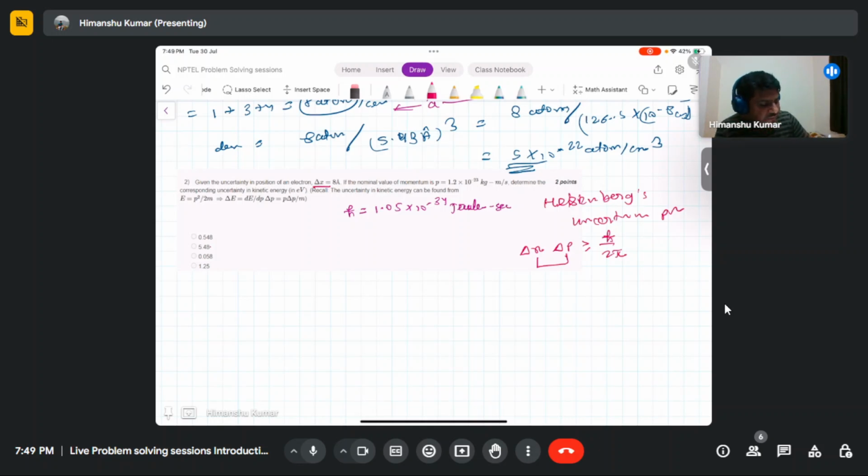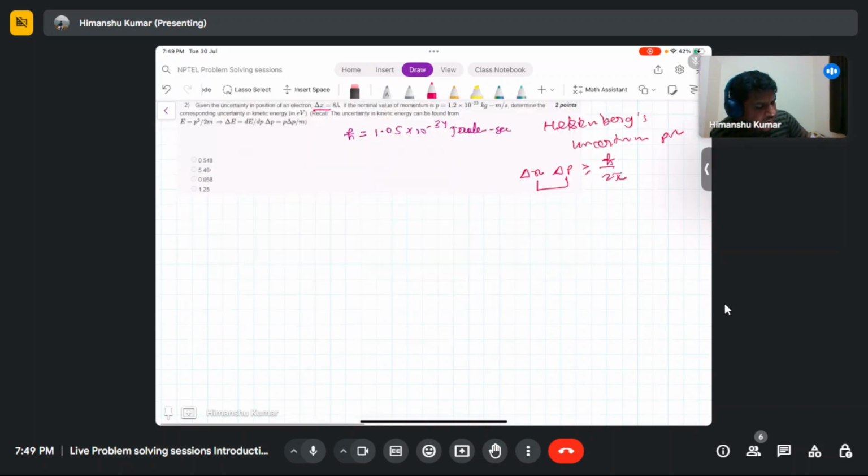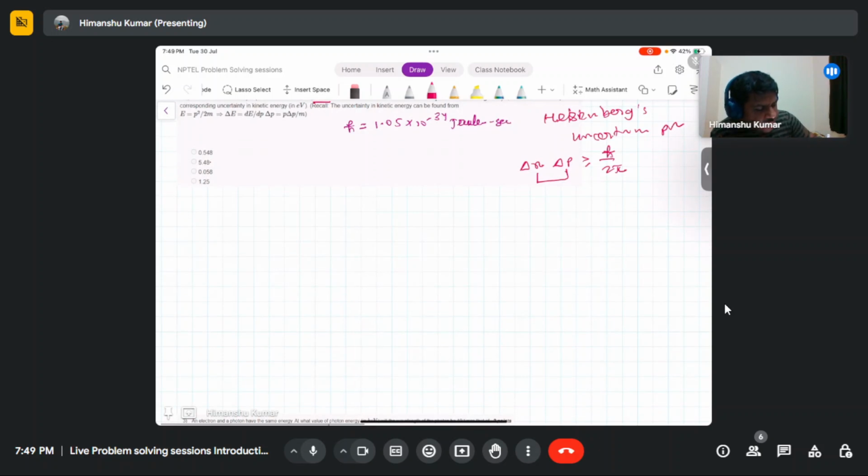So by this principle, delta p must be greater than or equal to h bar by 2 pi delta x. So the uncertainty in momentum is inversely related to the uncertainty in position.